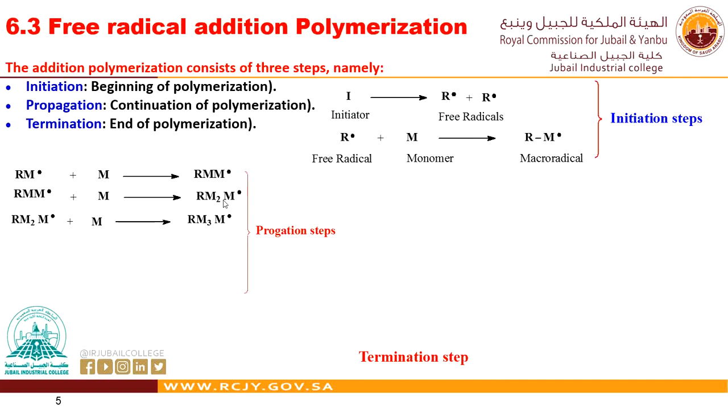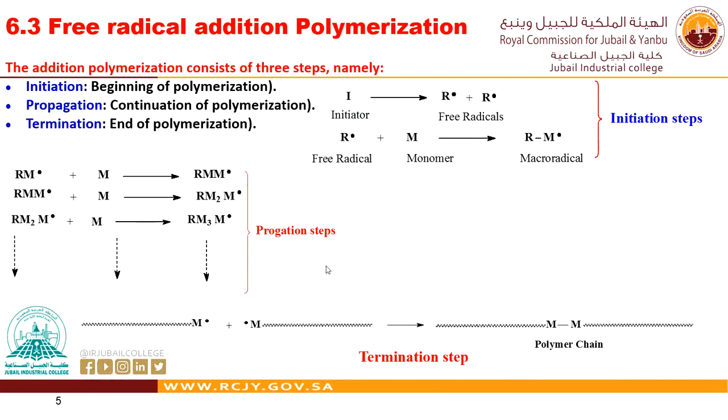This chain addition of monomer to the growing chain continues until all the monomers are consumed, and all these steps are called propagation steps. When you look at the propagation steps, you have a free radical reacting with a neutral monomer to give what? Another free radical.